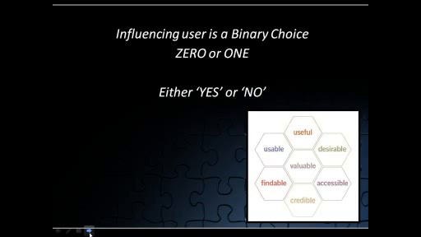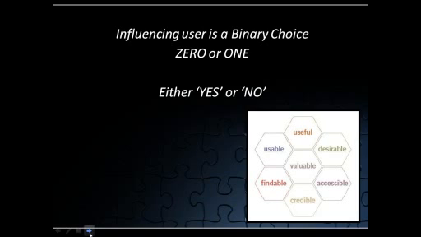Some important key elements are written there for a web application or a website to make it usable, useful to use, valuable. Valuable means information value, or the tasks which you show should be valuable, findable, credible, accessible, and desirable. So these are very important aspects.